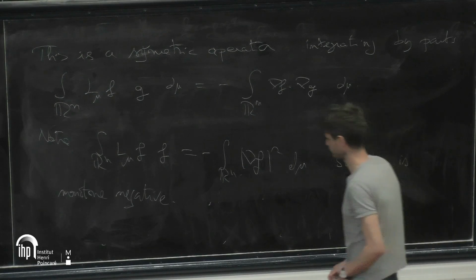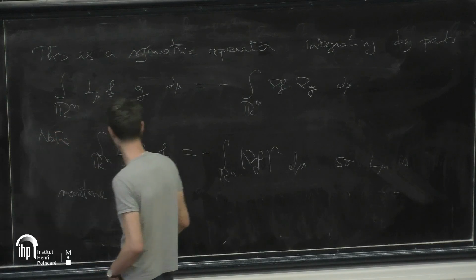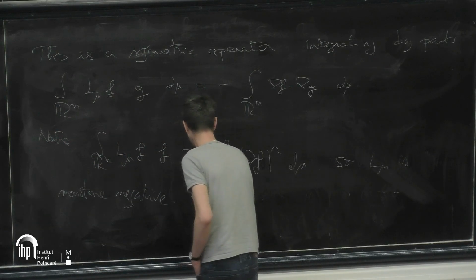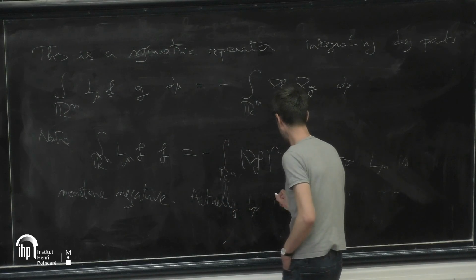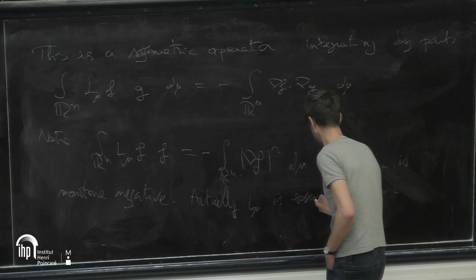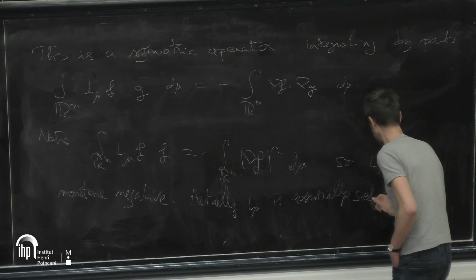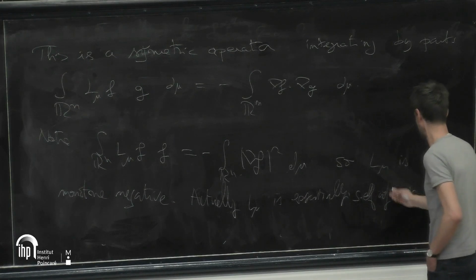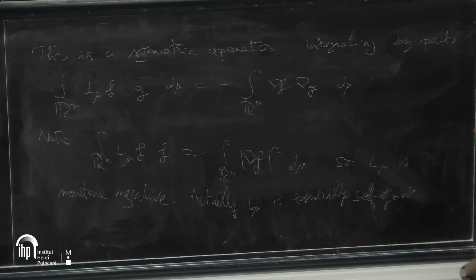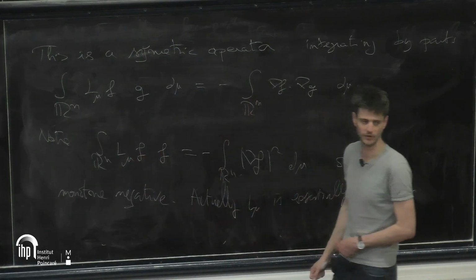Okay, it turns out that, under some technical hypothesis, L_mu is what is called essentially self-adjoint. So in a sense, the minimal extension that you can make of L_mu turns it into a self-adjoint operator.